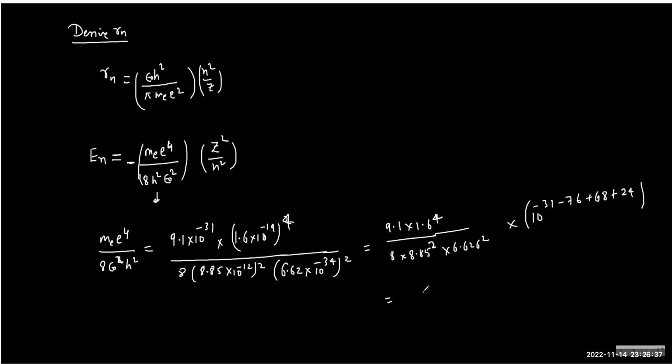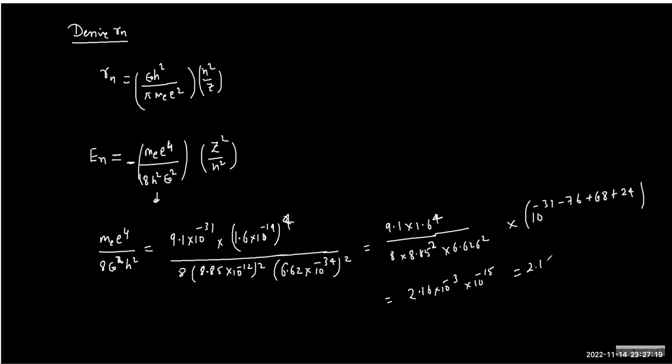You can check how much you're getting. Guys, tell me. Yeah, 2.16 10 power minus 3, and this was 10 power minus 15, no?